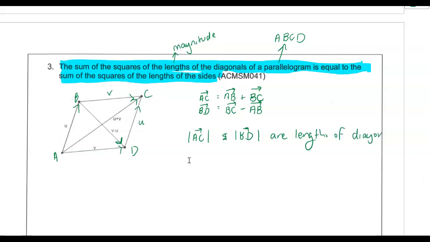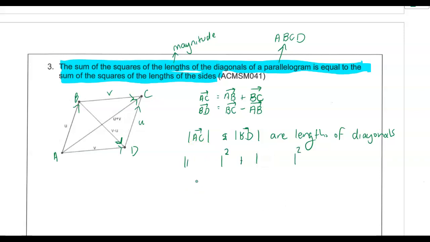But because we want to connect everything together, I could write that as the other solutions I've got up here. But we want the sum of the squares of the lengths of the diagonals. So we're going to sum them together, but we want the length and we want to square it.